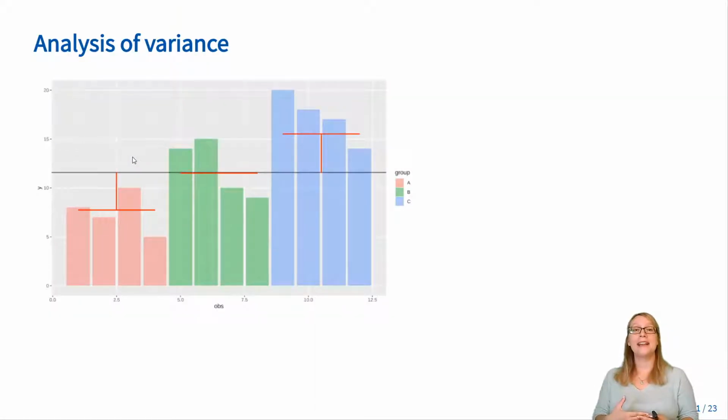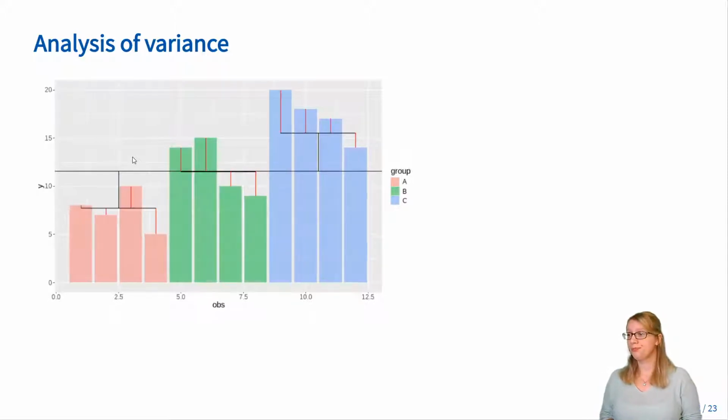Group A has a negative effect. Group A tends to be below the mean. Group C has a positive effect. Being in group C bumps you up a little bit compared to the overall population mean. Group B is actually right at the population mean. There's not much added or subtracted from being in that group.